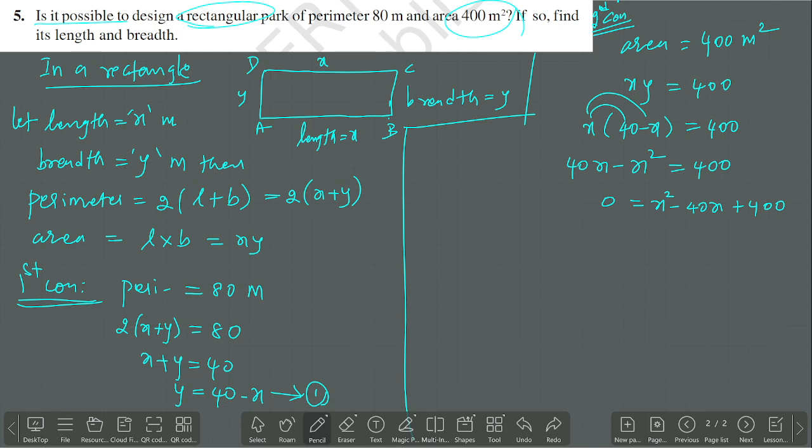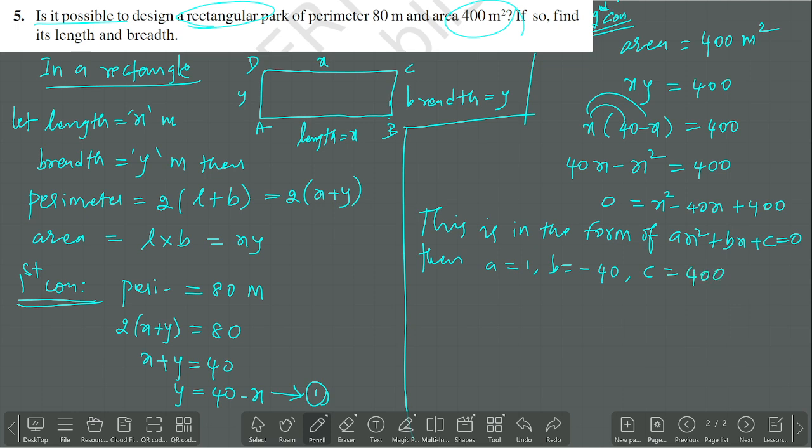This is in the form of ax square plus bx plus c equal to 0. Then what is the a value? 1. The b value is minus 40, and the c value is plus 400.